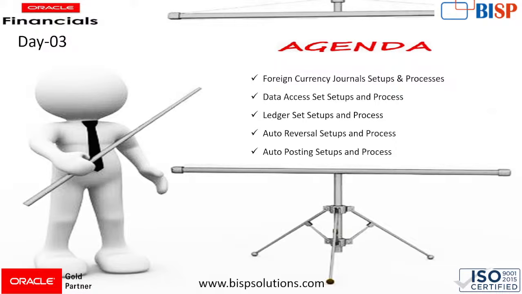Then we will see the ledger setup, how ledger sets are created and the process behind that. And then we will create an auto posting setup, how to create auto posting and auto reversal setup, and how the processes are done in the application.